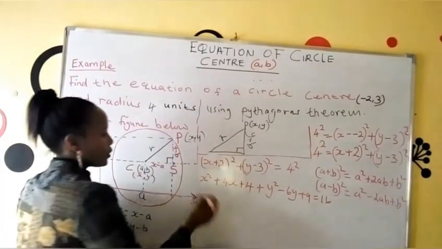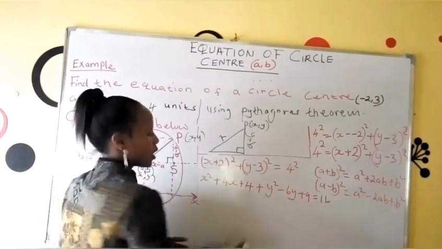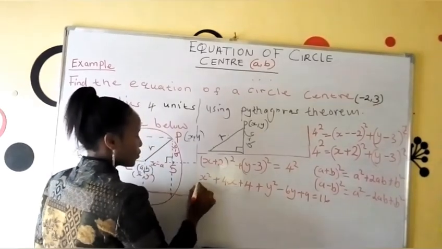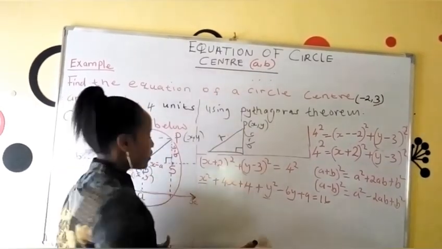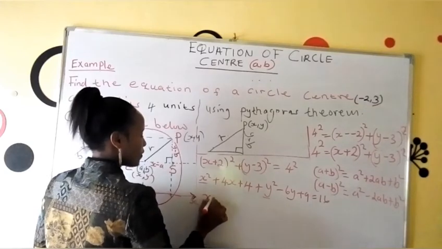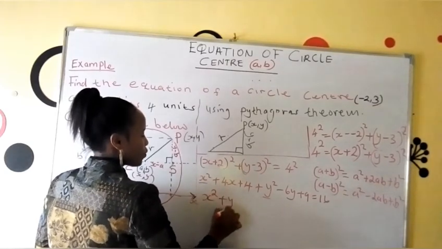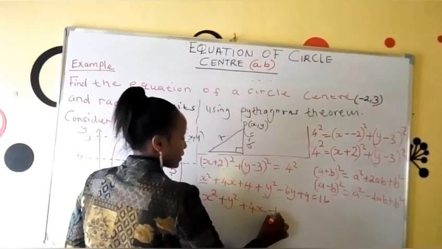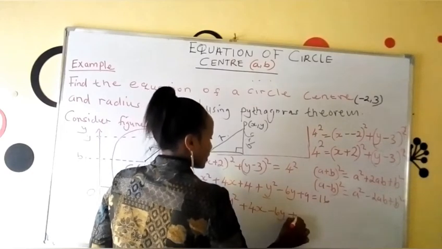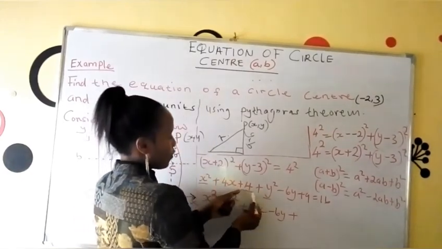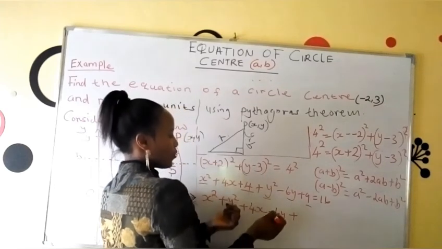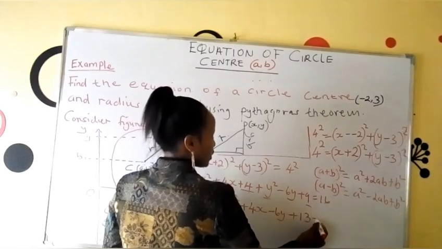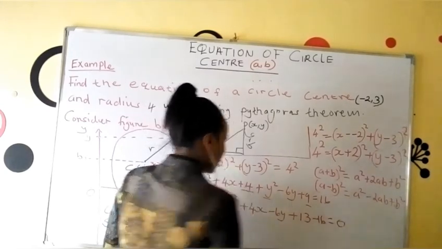Now, if we put terms with the second degree together, so we have x squared plus y squared, now plus 4x minus 6y, plus, now we have 4 and 9. 4 plus 9 is 13. If you bring this to the other side, you say minus 16 is equal to 0.